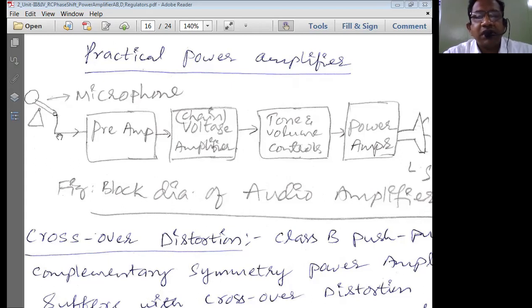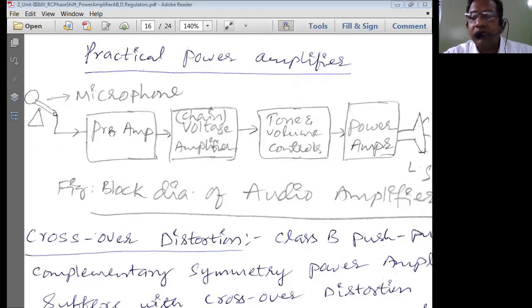These electrical signals are applied to the pre-amplifier circuit, because the electrical signals we get after converting from acoustic to electrical are not sufficient to drive the voltage amplifiers in the following blocks.